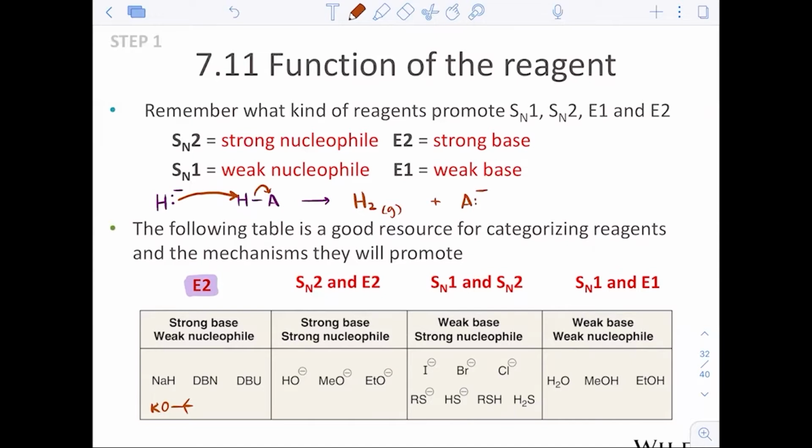Remember what Le Chatelier says: when a gas is formed in a reaction, it bubbles out of solution, and that drives the equilibrium forward. It drives it to make more products.